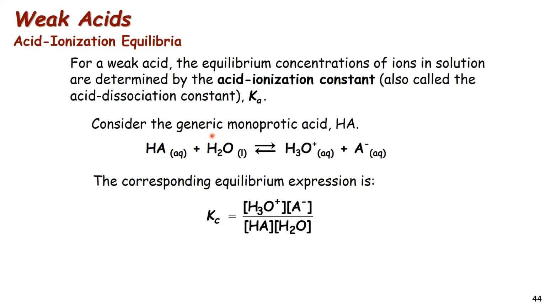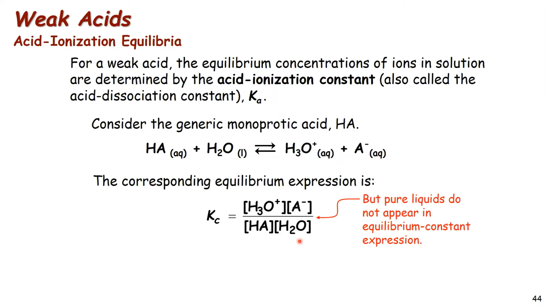So basically what it's saying is that the concentration of water is unchanging. It's just a constant, 55.5 molar. So we're simply going to move that over to the equilibrium constant.